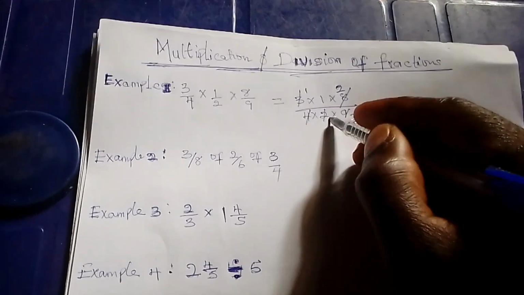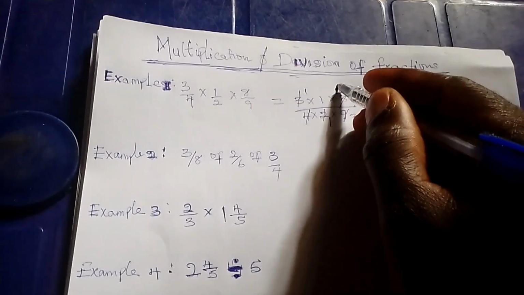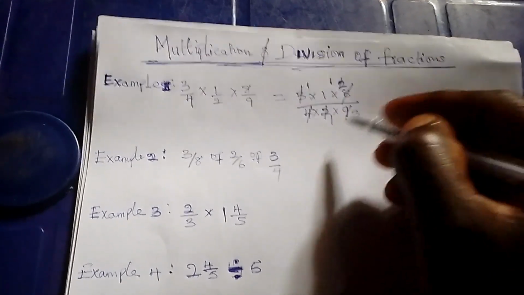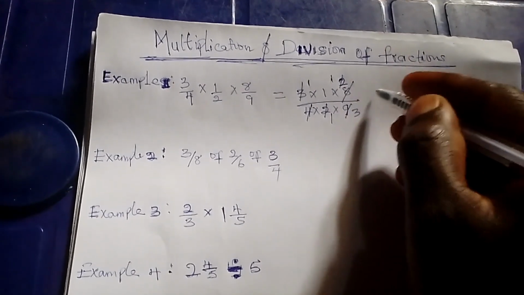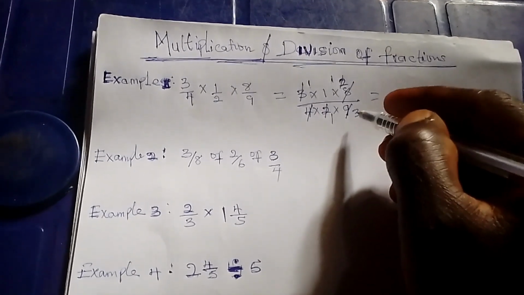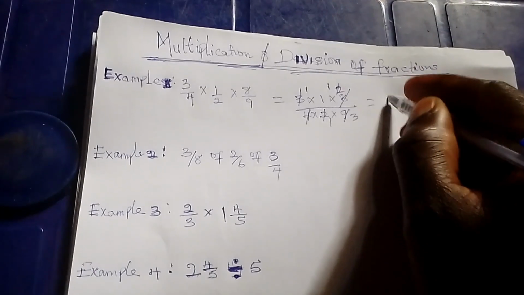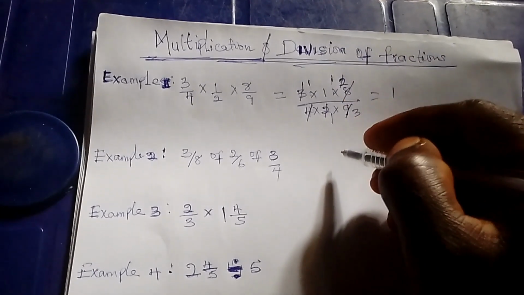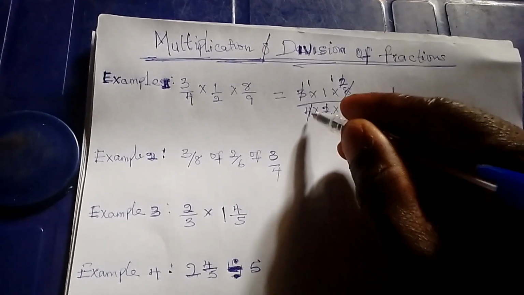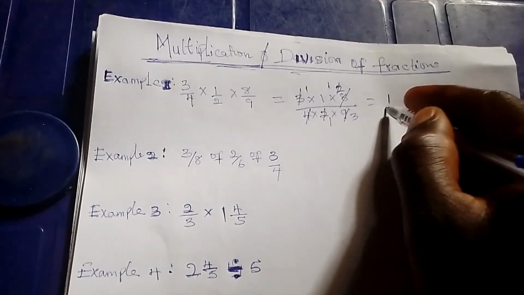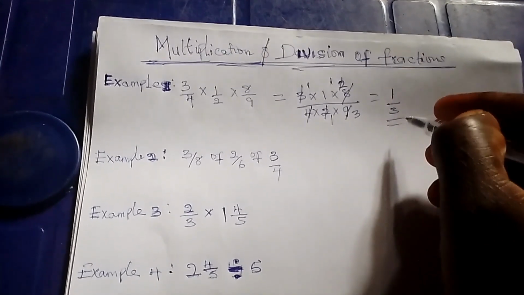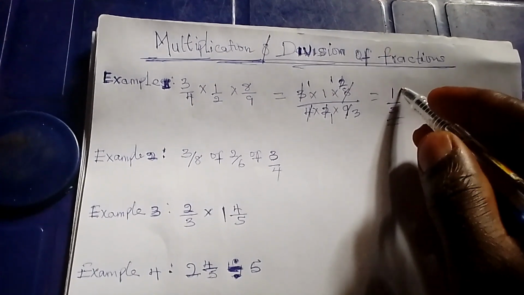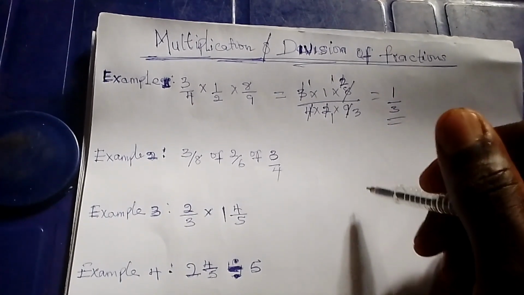Equally, 2 divided by 2 will give us 1, and 2 divided by 2 will give us 1. So on the numerator, what remains is 1 times 1, which is 1, and on the denominator, what remains is 1 times 1 times 3, which is 3. So our result becomes 1 all over 3.